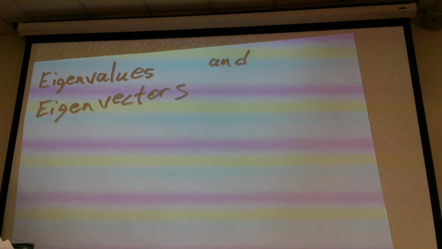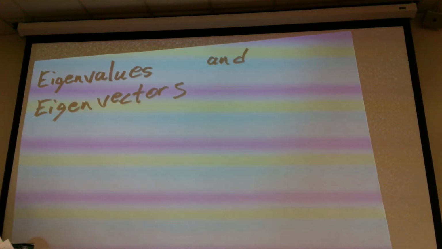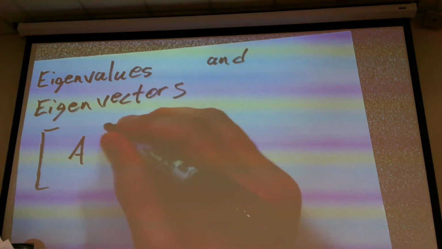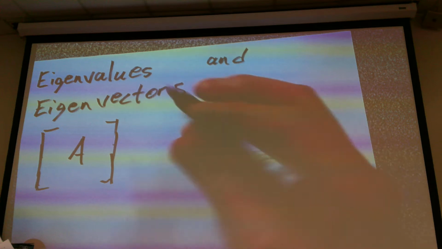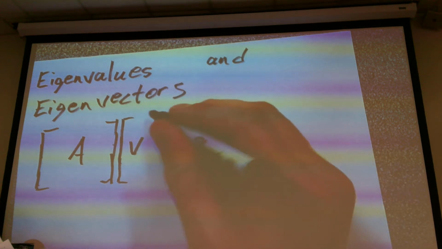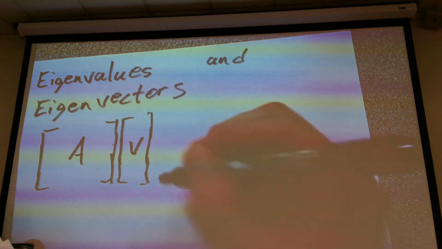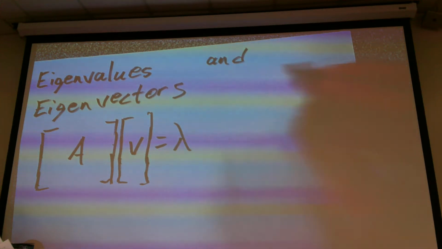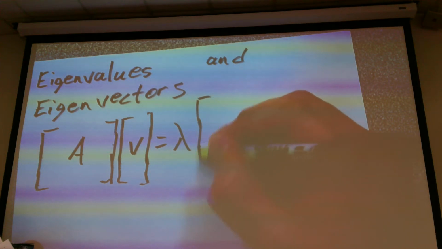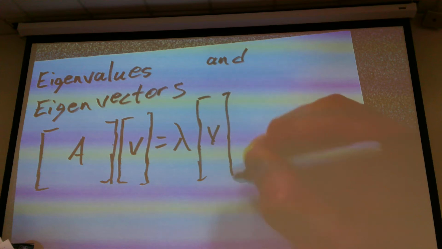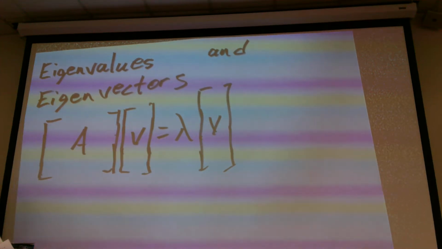Okay, so if you have a matrix A act upon a vector V, and all it does is multiply it by lambda, which is a constant, times that same vector, right?